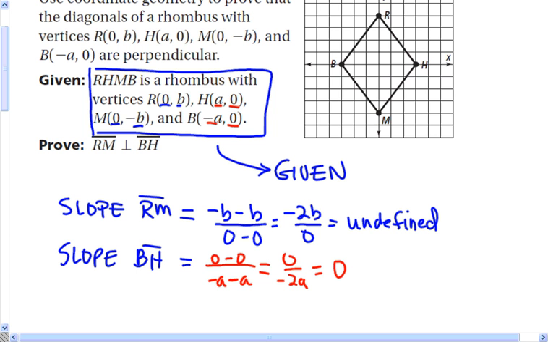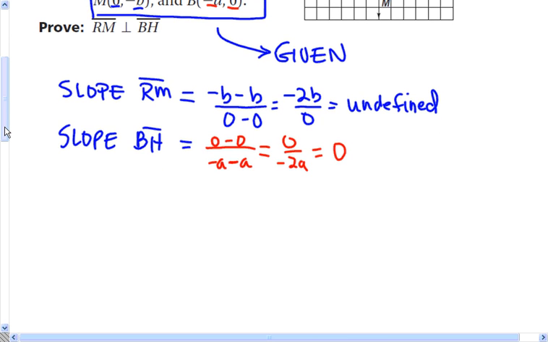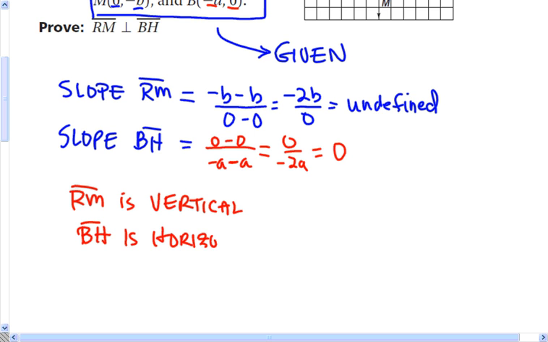So we can now say that RM is a vertical segment, and BH is horizontal. And our reasons are as follows.